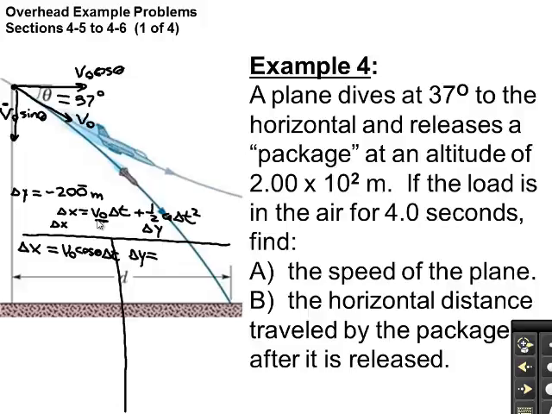However, we have to be careful now. What is v naught in the y direction this time? It's negative. It's different from before. So we're going to have to be thinking when we write this down. This is negative v naught sine theta delta t minus 1/2 g delta t squared.